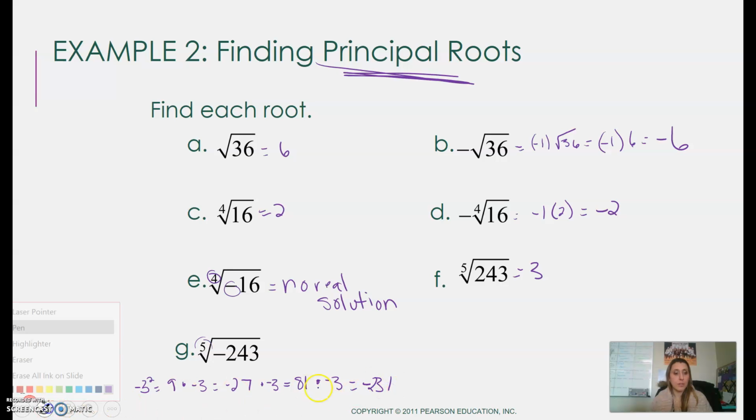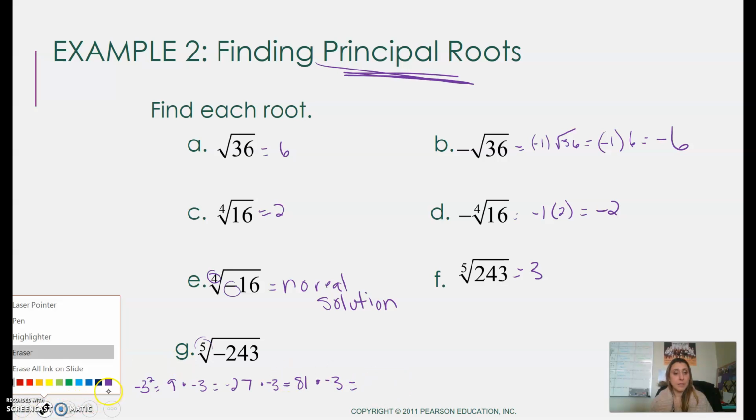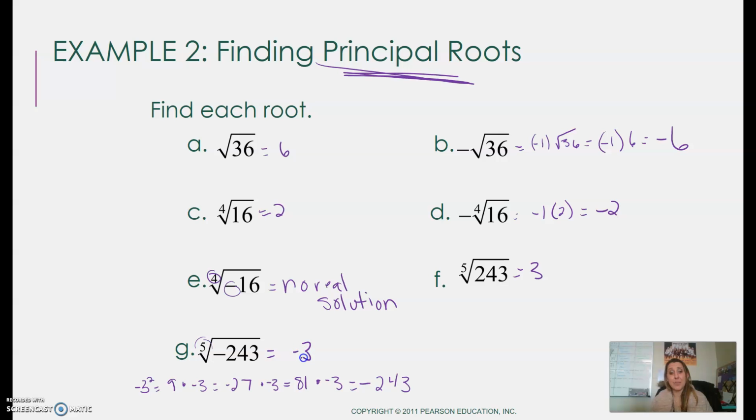I wrote it wrong. I got a little crazy with my number writing. Fix that. Which is a negative 243. So this is negative 3. And we found that by going back and forth. Negative 3 to the 5th power. So make sure you get that in.